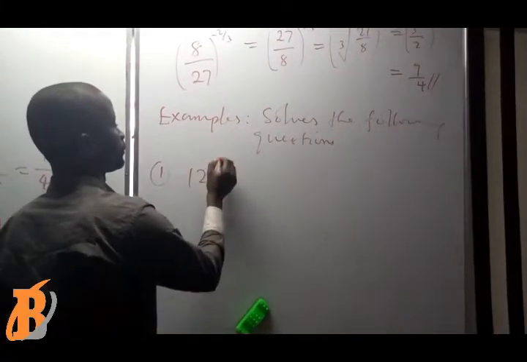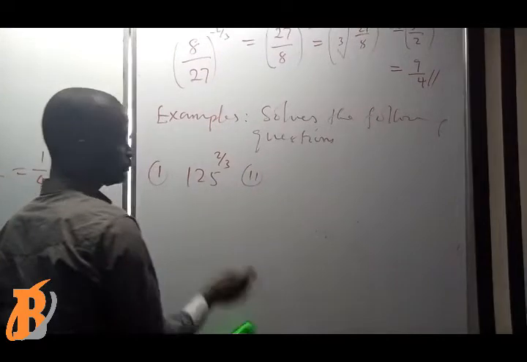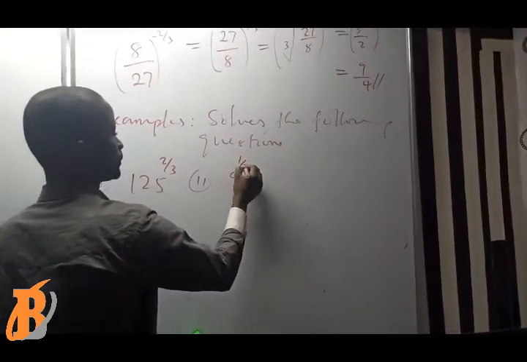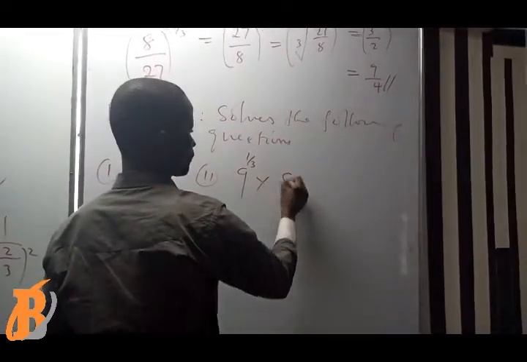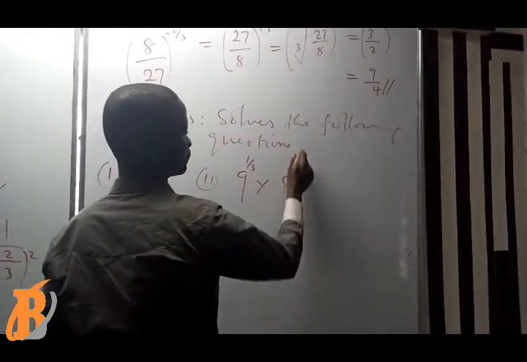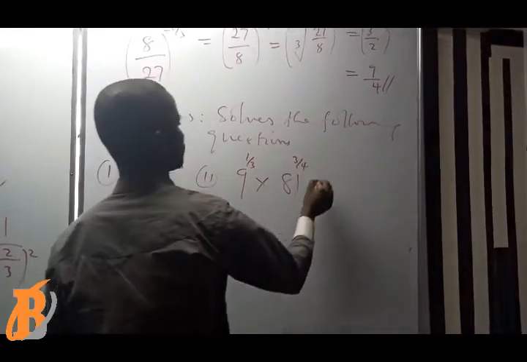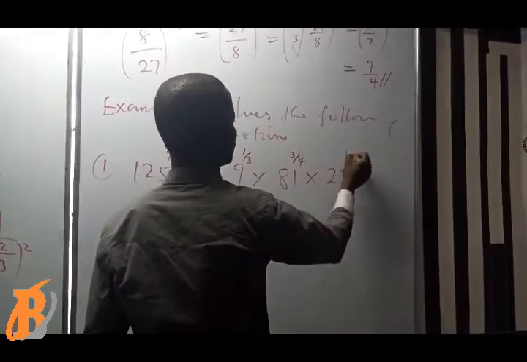The questions are: 125 raised to power 2/3; 9 raised to power 1/3 multiplied by 81 raised to power 3/4 multiplied by 27 raised to power 1/3.